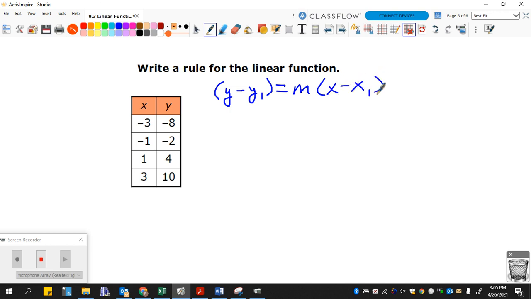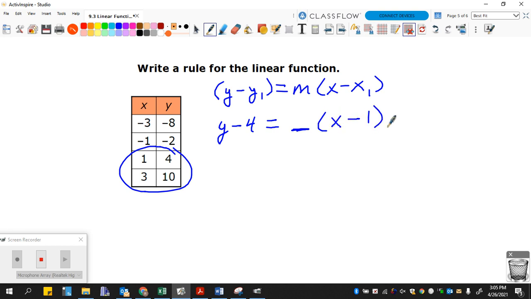I'm going to use the two positive values down here, simply because I like the positive rather than the negative. So y minus 4 is equal to m, we don't know what m is yet, times x minus 1.